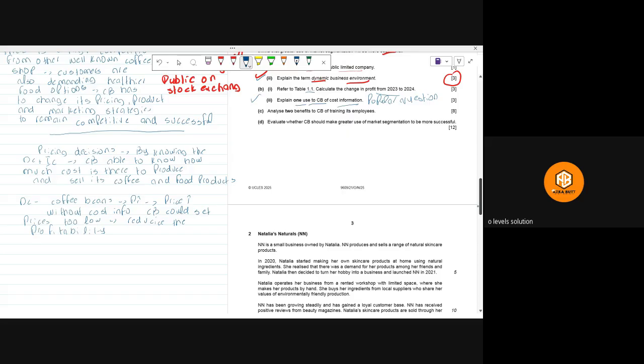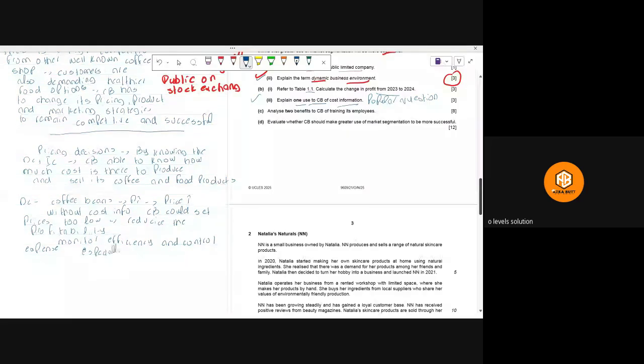So that's why cost information will help CB to monitor the efficiency and control expenses, especially in the competitive and dynamic market world, where things are changing rapidly.